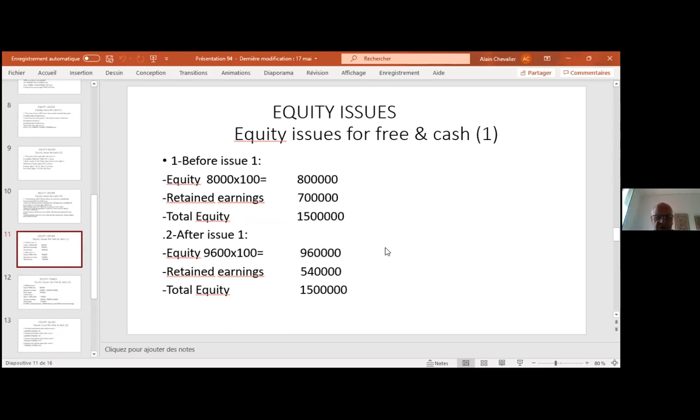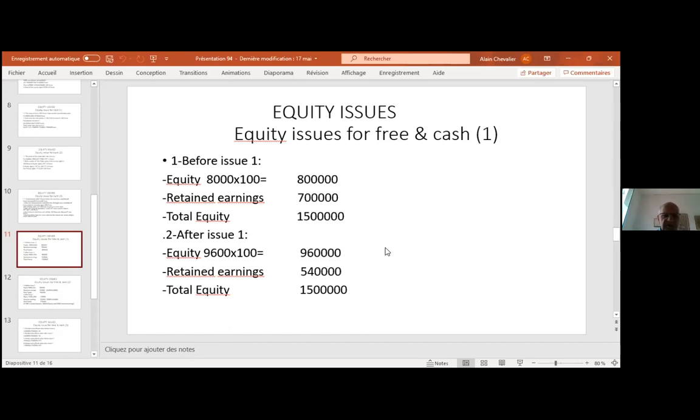Before issue 1, we have a situation which is the following one: 8,000 shares with 100 euros nominal value, which means the equity is 800,000. You understand, of course, that the equity level will always be calculated with the value of a share, which is the nominal value.